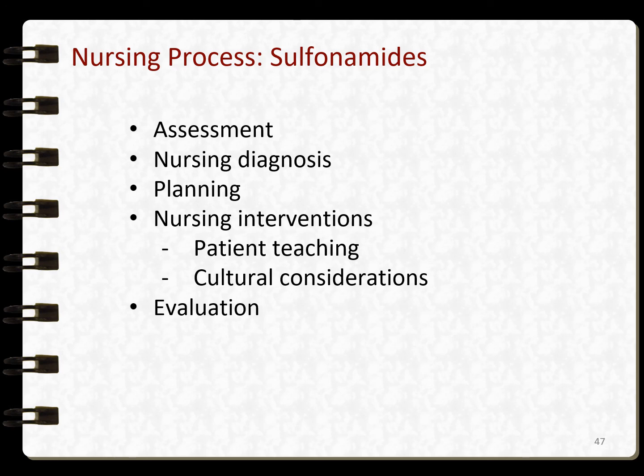Allergic reaction can include rash, skin eruptions, and itching. A severe hypersensitivity reaction includes erythema multiforme. So we need to make sure that we are giving appropriate teaching for the patient and what they need to watch out for. We need to look at their current drug history. And we need to assess baseline lab results, especially a CBC.